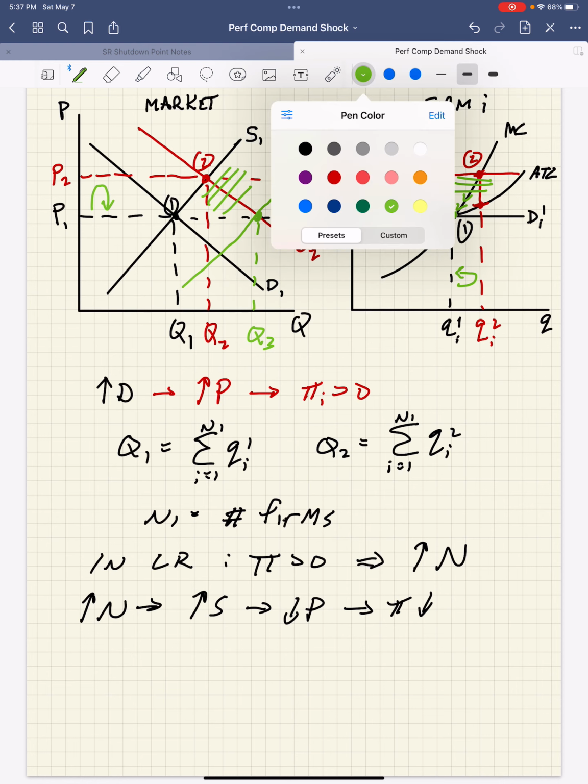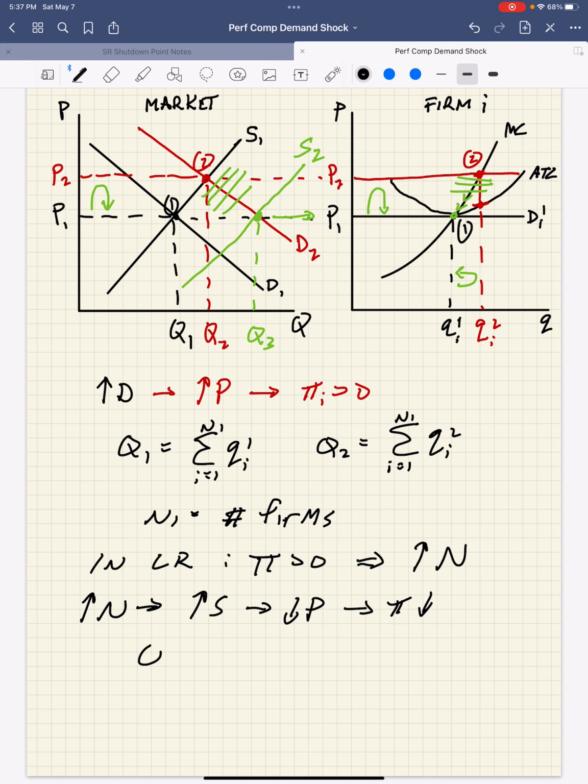So just note that the new market output Q3 is the sum of the same level of output Q_i1, but across more firms. So N2 is our new number of firms in the market, bigger than what it was before. So that accounts for the increase in output here.